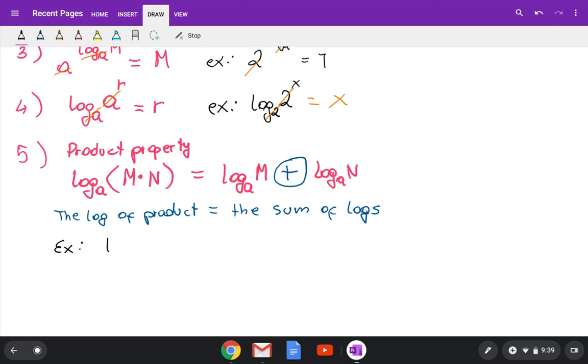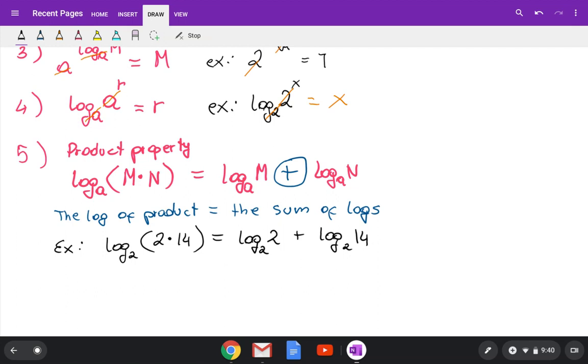So we have log base 2 of, let's say, 2 times 14. Since you see the product, you can rewrite that as log base 2 of 2 plus log base 2 of 14.